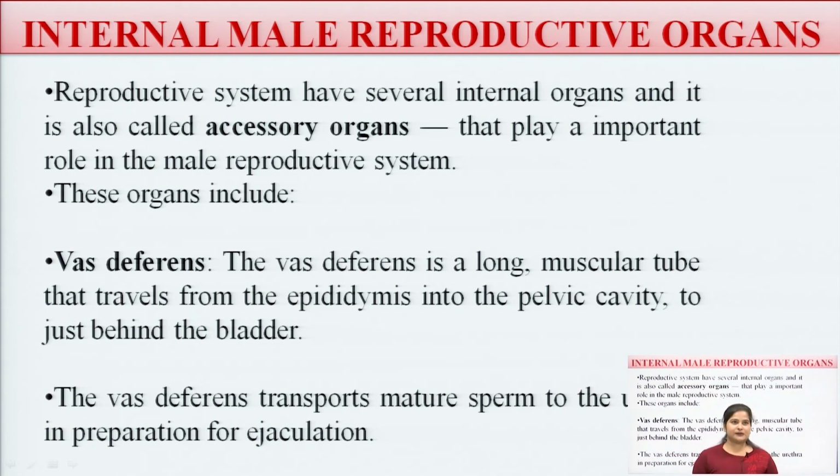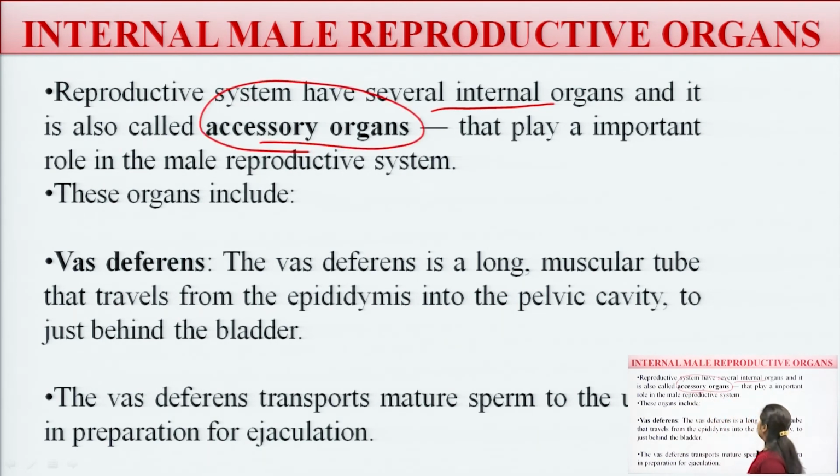Now these are the external organs. Now we discuss the internal male reproductive organs. The reproductive system has several internal organs, called the accessory organs, that play an important role in the male reproductive system. These organs are the vas deferens. So what is the vas deferens?